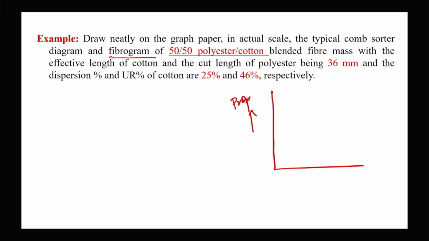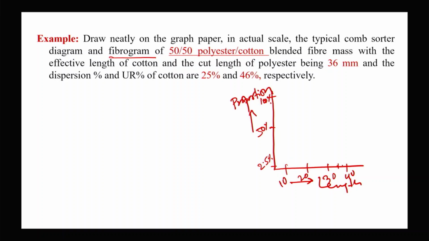Here is the proportion and here is the length. Now for 36 millimeter, 10, 20, 30, 40. So 36 millimeter is at this point, and proportion we can say 50%, 100%, 2.5%. This is the fibrogram.